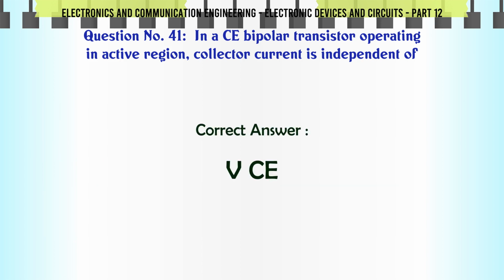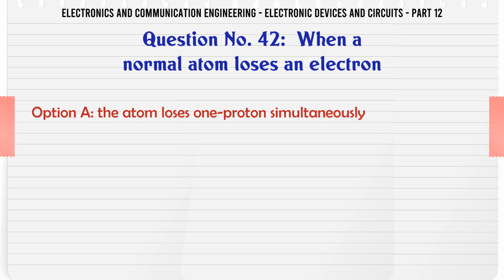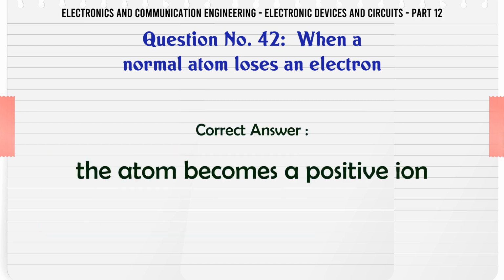The correct answer is VCE. When a normal atom loses an electron, A) the atom loses one proton simultaneously, B) the rest of the electrons move faster, C) the atom becomes a positive ion, D) the atom becomes a negative ion. The correct answer is the atom becomes a positive ion.